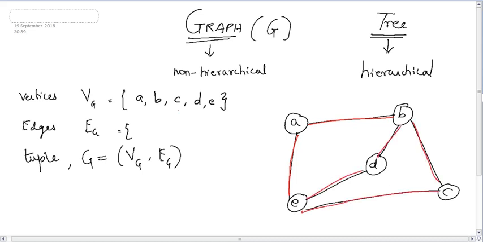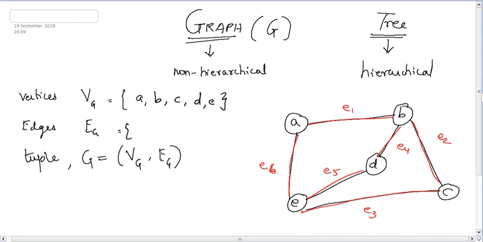So for clarity, we could name each of these edges. Let me name the edges as E1, E2, E3, E4, E5 and E6. There are no rules in naming edges. It can be any way.